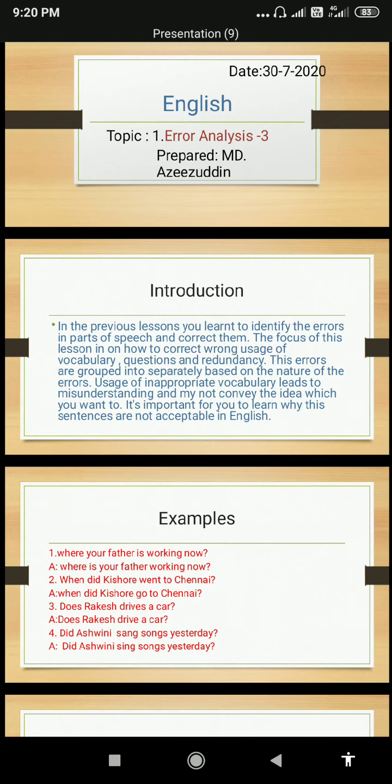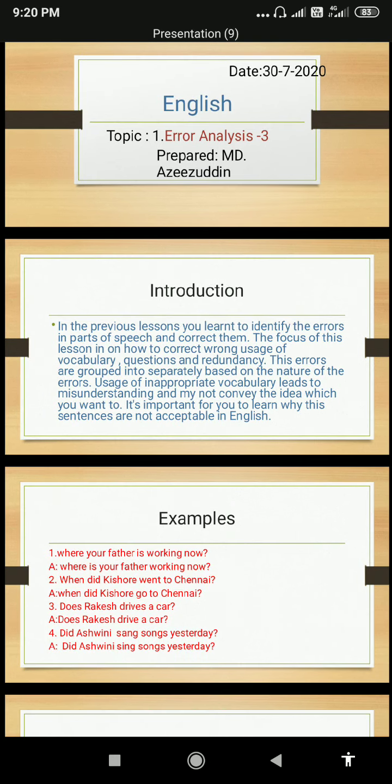Next, the fourth one. "Did Ashwini sang songs yesterday?" So here also it is a simple past interrogative sentence. Already I told you in example 2, and once again I am repeating in example 4.